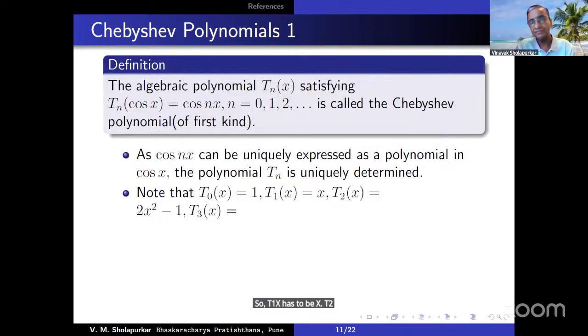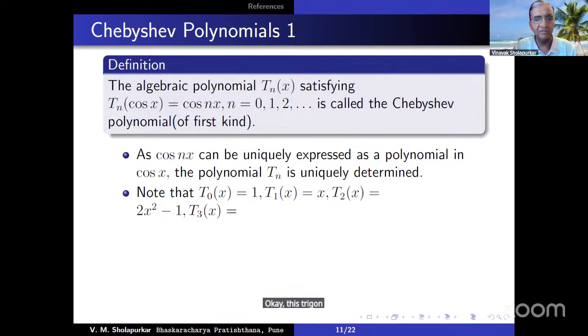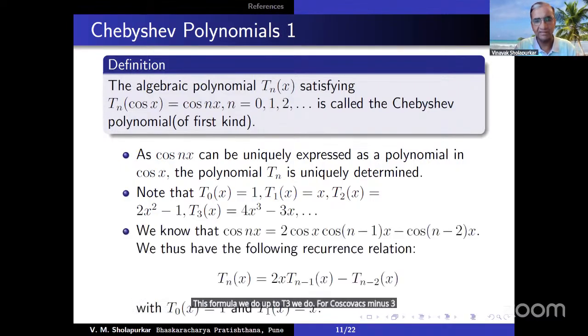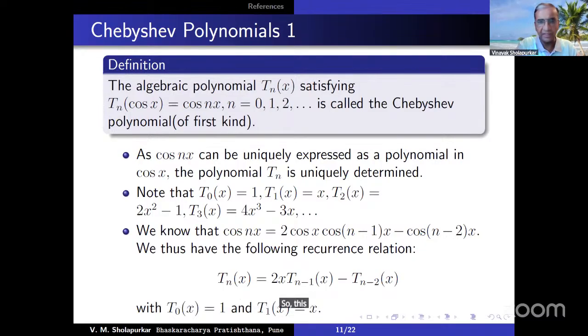T2(x) is 2x² − 1, because T2(cos x) you want cos 2x, and cos 2x is 2cos²x − 1. This trigonometric formula we know. T3(x) also we know: cos 3x is 4cos³x − 3cos x, so T3(x) is 4x³ − 3x.